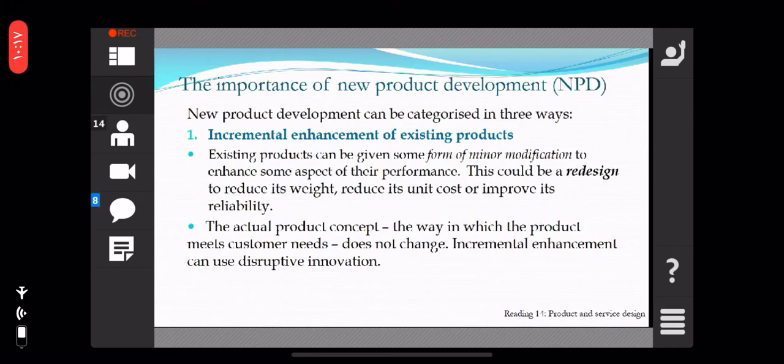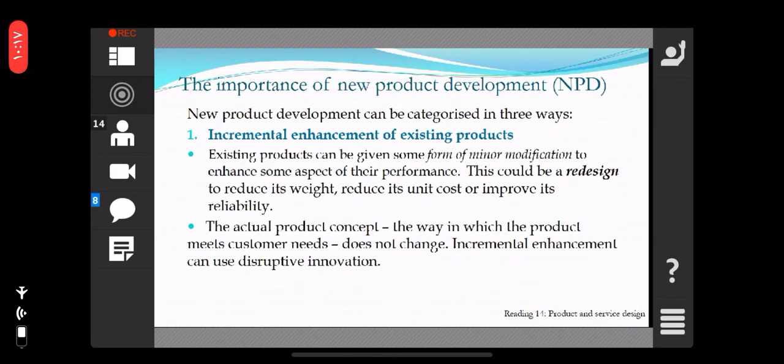Incremental enhancement is basically a form of minor modification, small changes, in the shape of a redesign. For example, initially the product was very heavy. Now you redesign it to reduce its weight, reduce its unit cost, or improve its reliability.